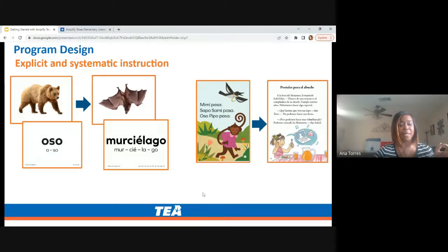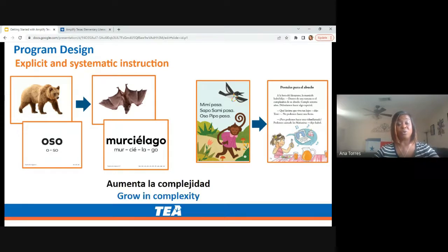So what's happening here is that in this curriculum, it also grows in complexity. Aumenta la complejidad. So lessons continue to challenge students as they progress, introducing more complexity. For example, multisyllabic words.